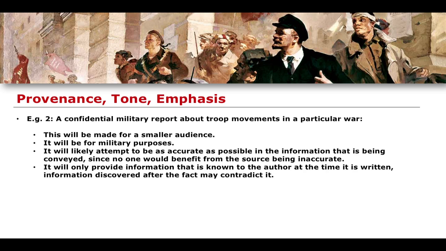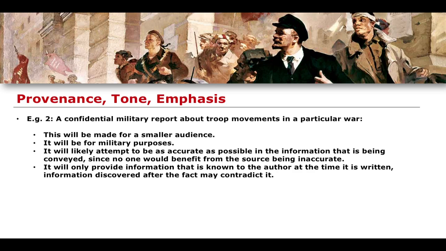And fundamentally, it will only provide information that is known to the author at the time that it is written. Don't forget, we are historians. We can actually have the benefit of hindsight in the sense that what is written in 1945, okay, the information that they might have then might be very different to the information that we have now. So we might have the benefit of hindsight to be able to ascertain some value or less value in that particular source.